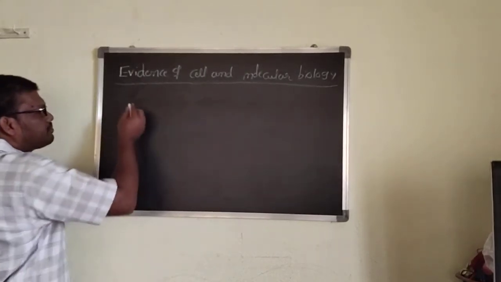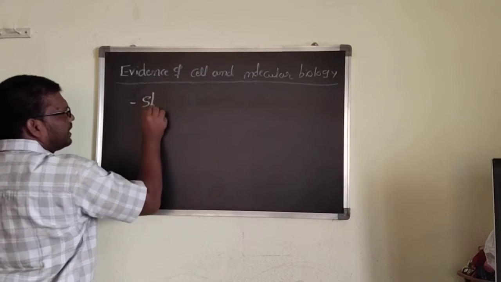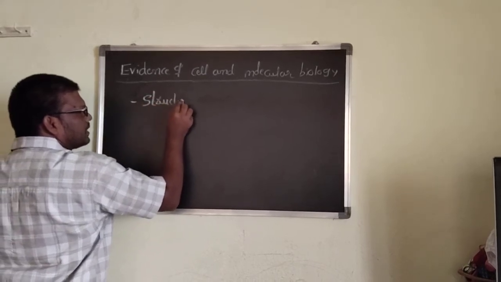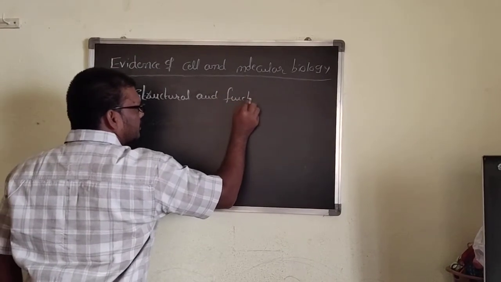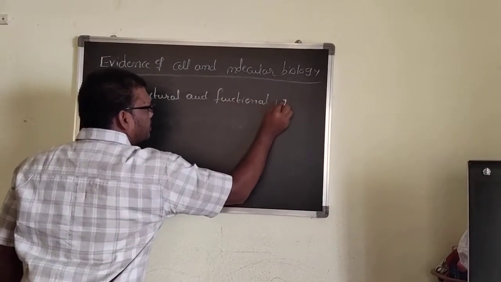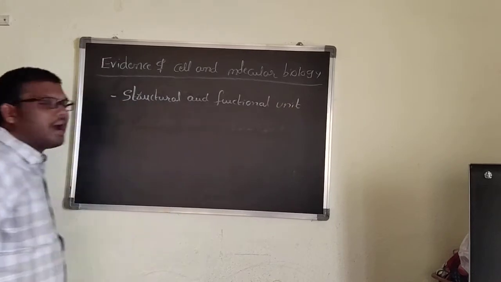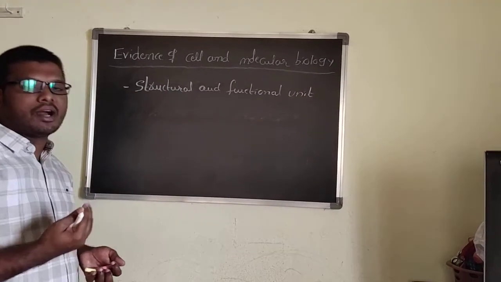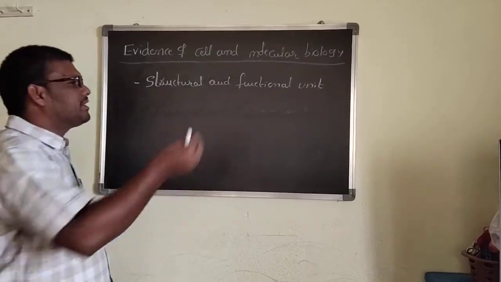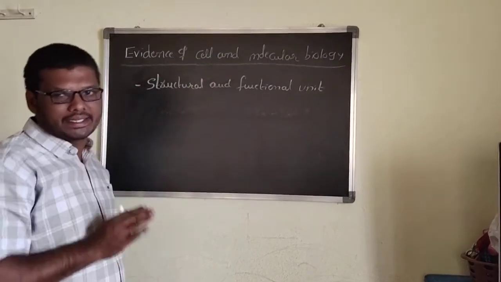See, the structural and functional unit of an organism is called a cell. That's why every living organism starts with the cell. It is the common character.